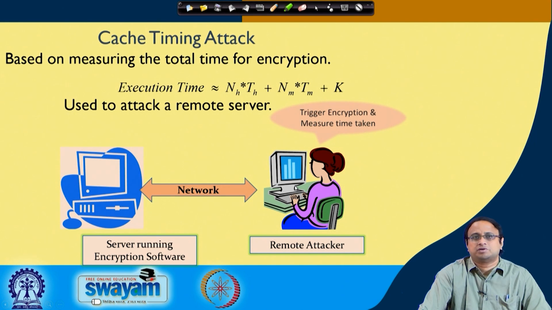The attacker then does a statistical analysis to learn the time the encryption took on the remote server, and then tries to retrieve the key from there. As you can see, this is a very practical attack model, because it can potentially work over the network.